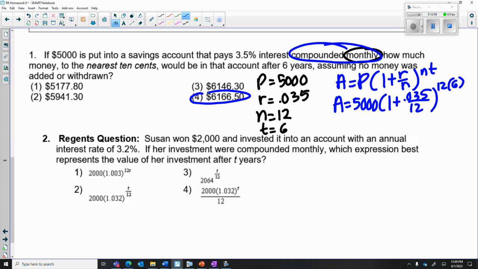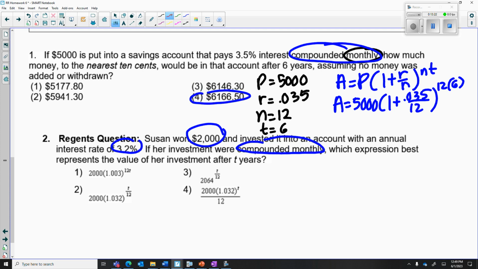Next one, here's the real Regents question. Number 1 was kind of easier, but here's the real Regents question. Susan won $2,000. She invested into an annual interest rate of 3.2%. If her investment is compounded monthly, which expression best represents the value? So if you notice, these choices are not of the same structure as the one that I just did, but we're going to still set it up.